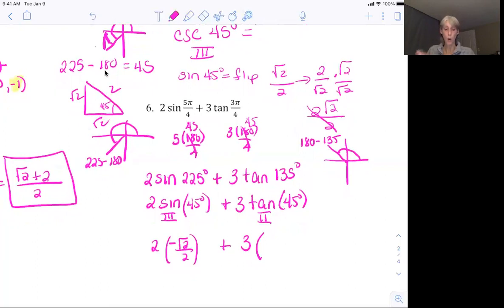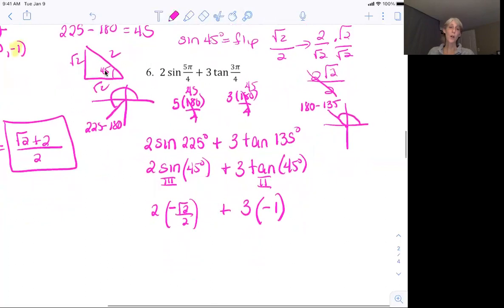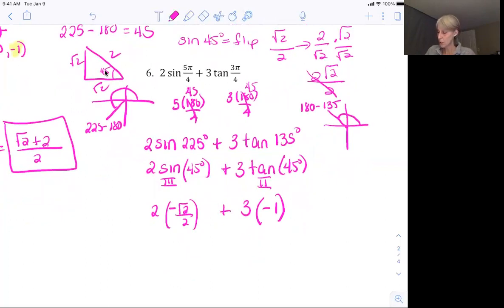So the tangent is 1. And in the second quadrant, the tangent is negative. So we're there. Now we've got to do our math. The 2's cancel. Negative radical 2 minus 3. And that is your final answer.